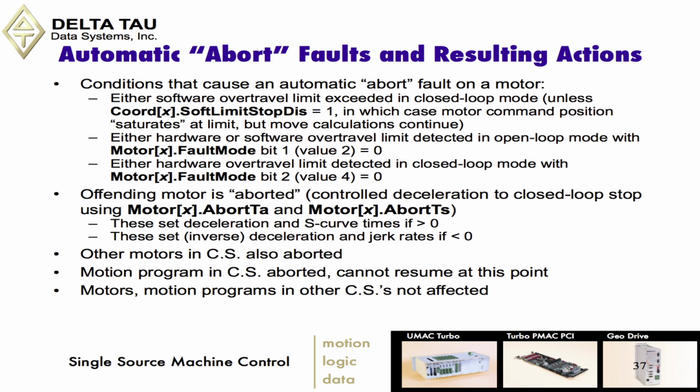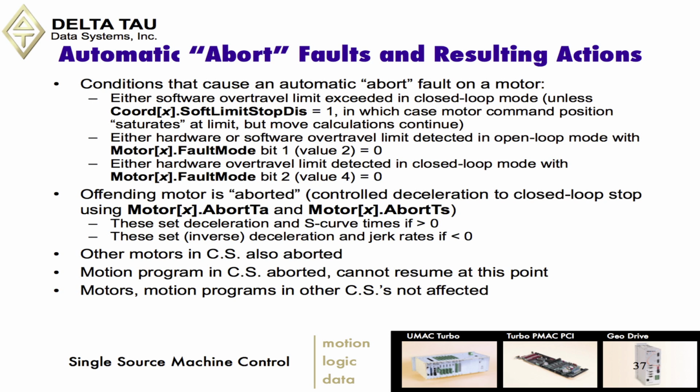And so depending on the fault mode bit, the offending motor is going to be aborted, a controlled deceleration to a closed loop stop, and then other motors in the coordinate system are also aborted. The motion program in the coordinate system is aborted.